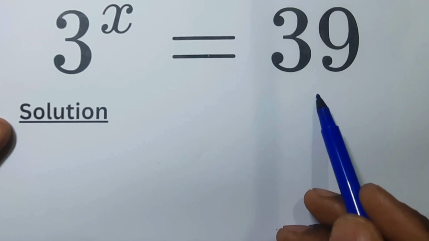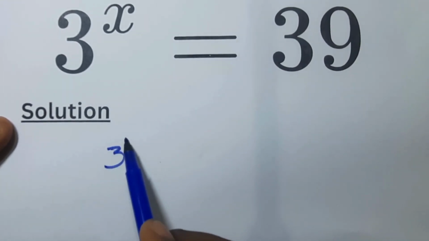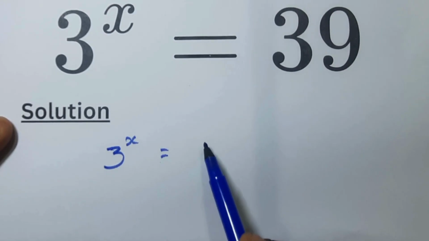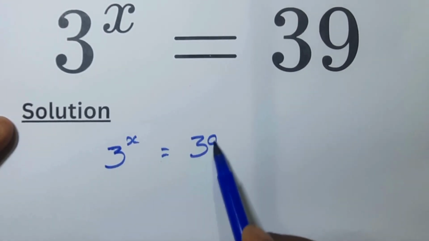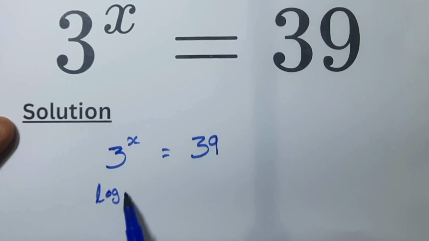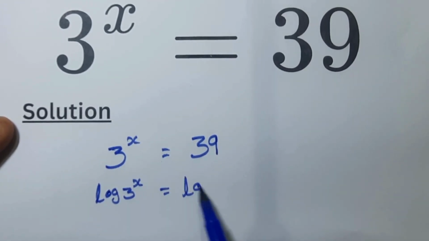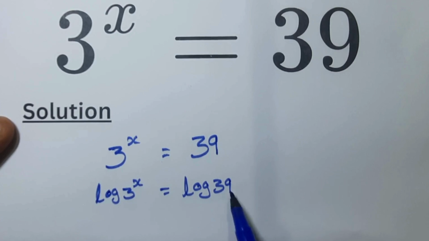From this equation we are going to find x. For this, 3 to the power of x equals 39. We are applying log on both sides. Log 3 to the power of x equals log 39.